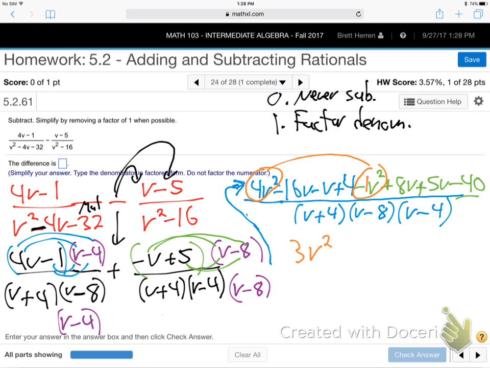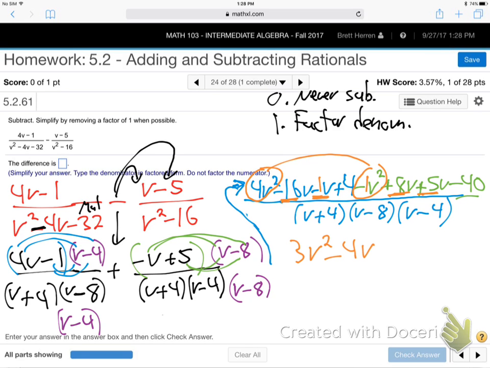And then, now we got to add up all those plain v terms, don't we? Just use your calculator. I would just run them on my calculator. I would just take negative 16 minus 1 plus 8 plus 5 equals. You know, you just got to combine all those regular v terms. So minus 4v, right?